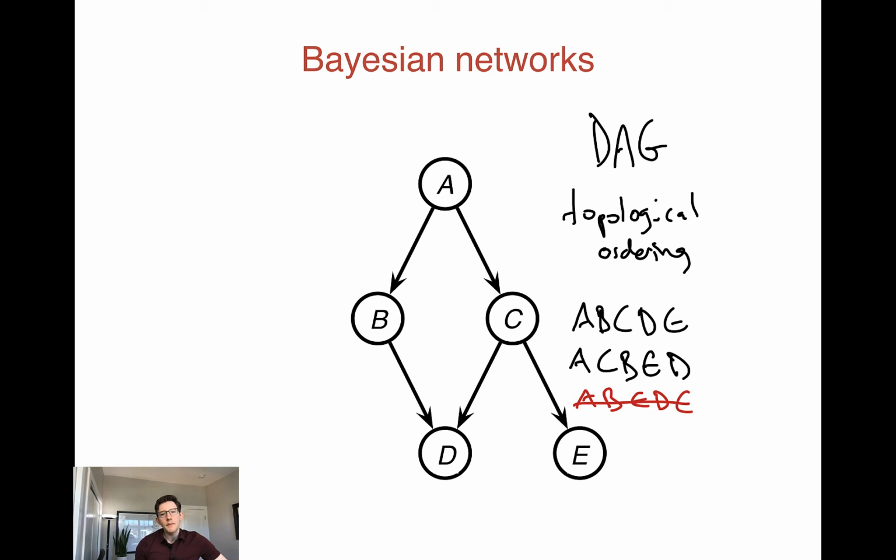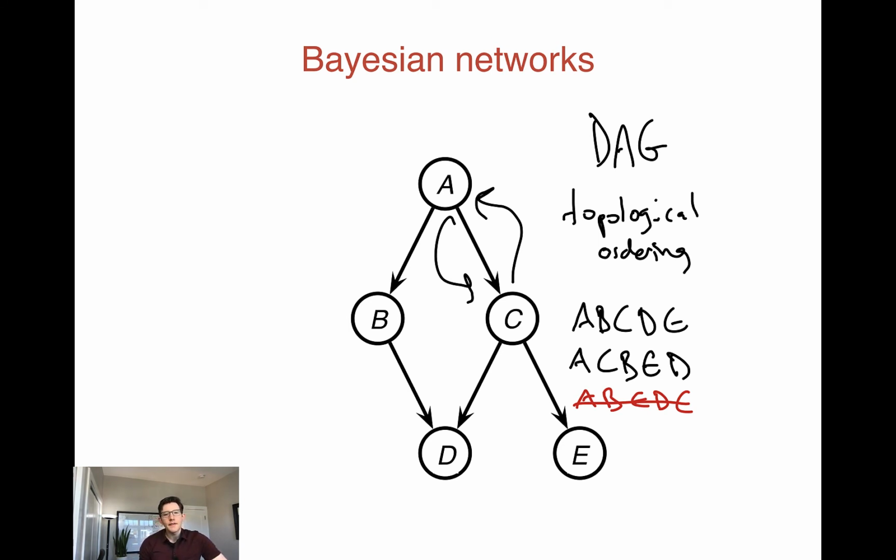So it makes sense that a Bayesian network must be acyclic because it indicates, in some sense, causality among the variables. So it can never be the case that if A causes C, then C can somehow simultaneously also cause A. That's just not possible when we think about causality.